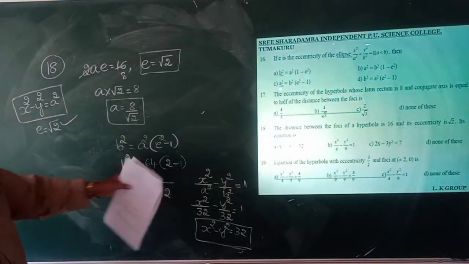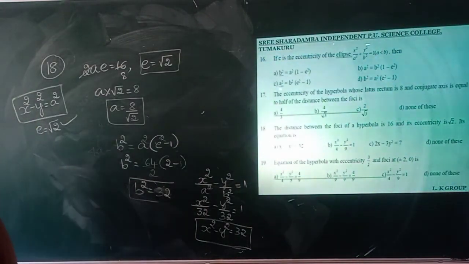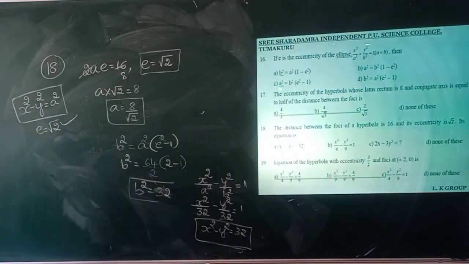So this type of structure for question number 18 is option A only. Whenever eccentricity is root 2, that is for rectangular hyperbola, x square minus y square is equal to a square. You can directly tell the option.